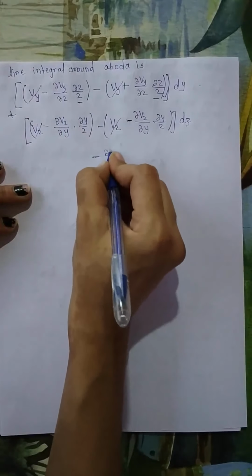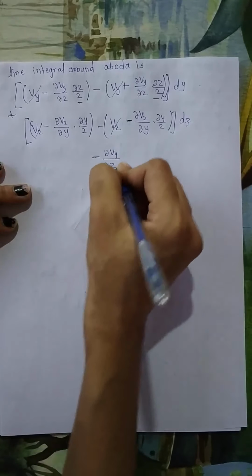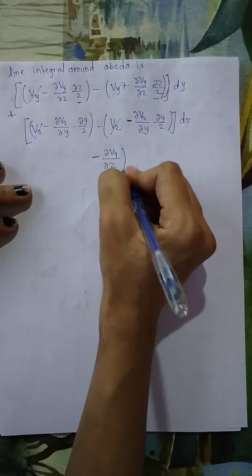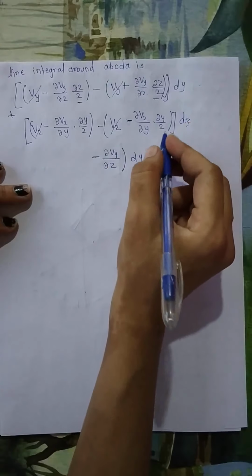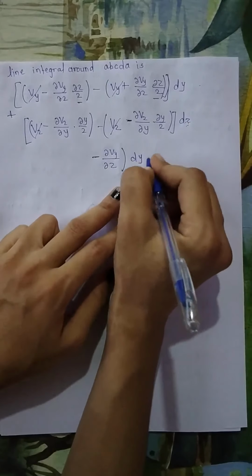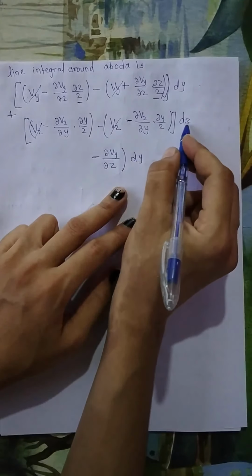So minus dou Vy upon dou z as a common into dy, and also we will take this.